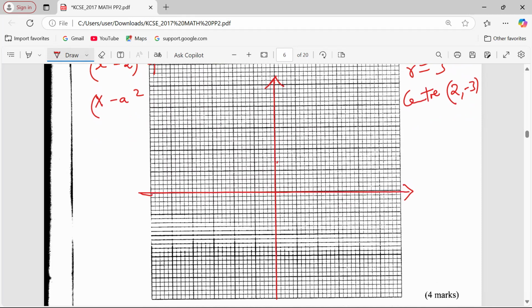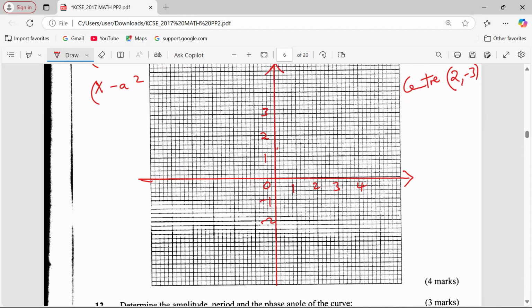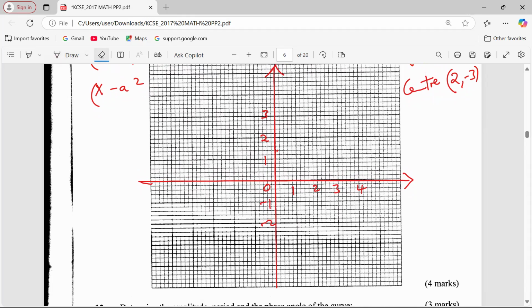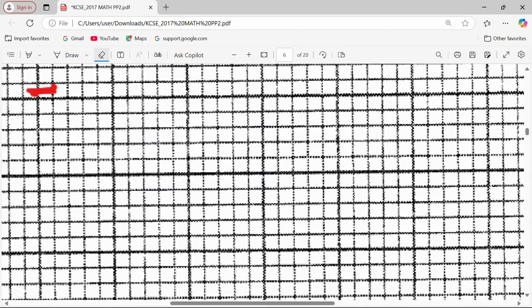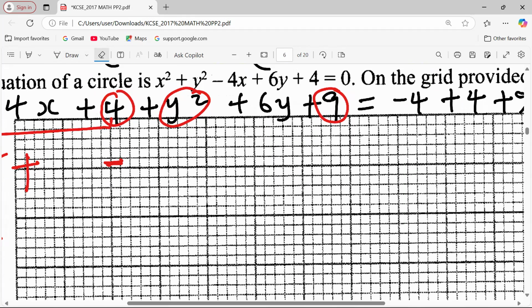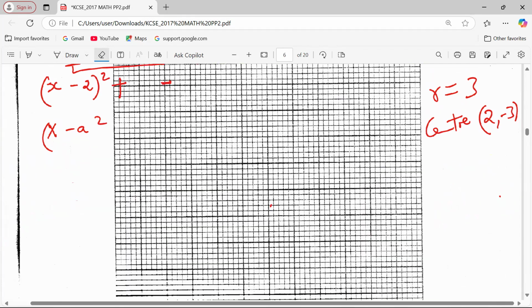Okay, that's the Cartesian plane. So 0, 1, 2, 3, 4, 1, 2, 3, -1, -2. Remember, the units are supposed to be 3, so I must manage this grid very wisely so that I don't have a circle maybe going beyond the grid.